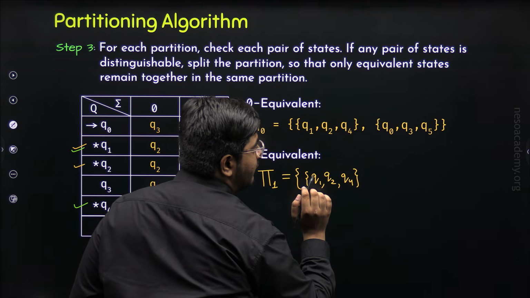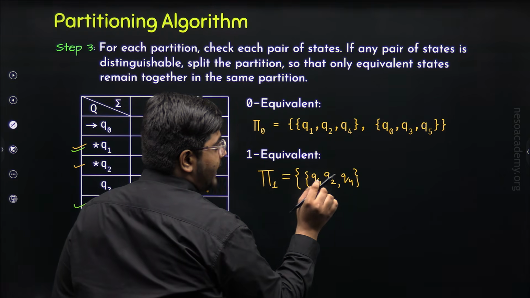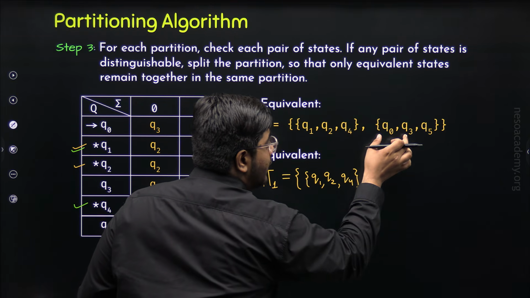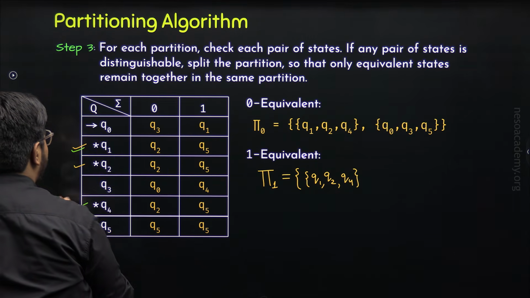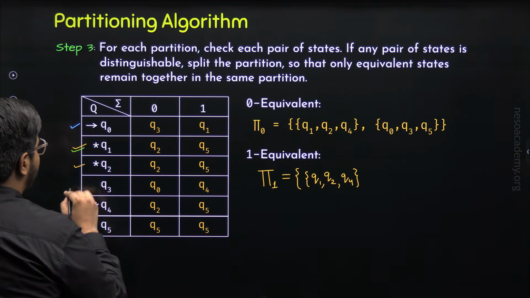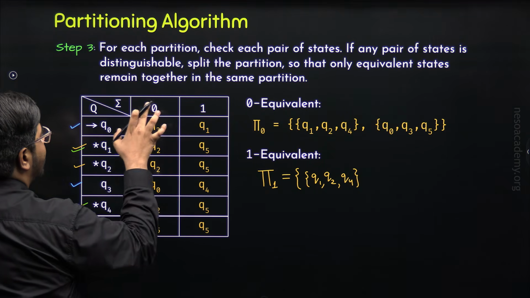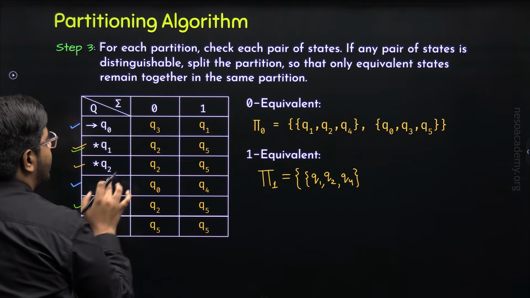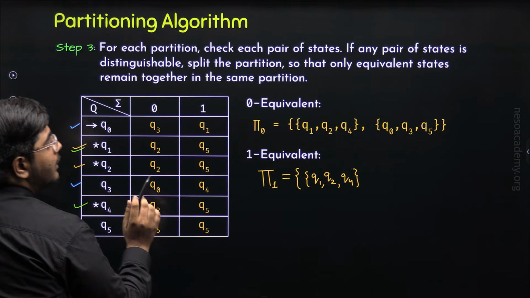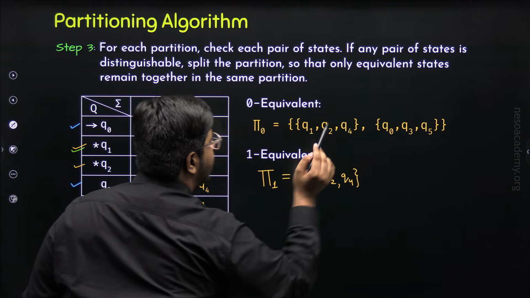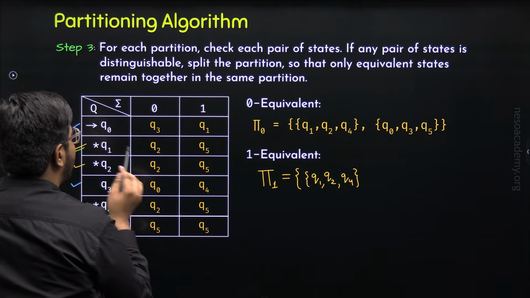Q0, Q3 and Q5. The first set of states that we are considering is Q0, Q3. So let's consider the two states Q0 and Q3. Now Q0 on 0 gives Q3 and Q3 on 0 gives Q0. Q3 and Q0 belong to the same set. Let's check for the input symbol 1.